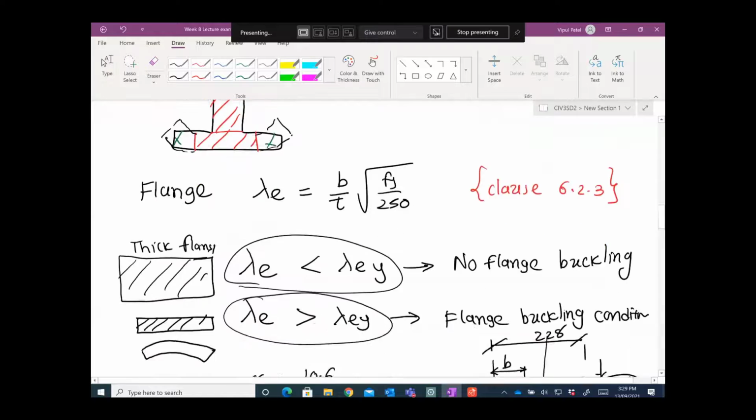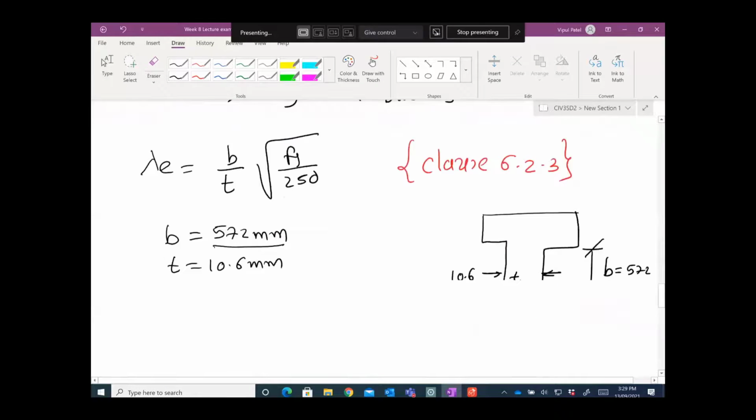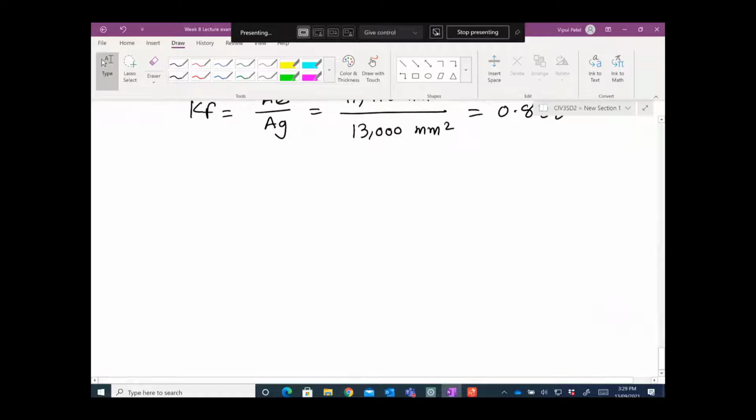Now once you calculate the form factor, KF, we can calculate the section capacity. The section capacity is represented by NS equals KF times AN times FY. KF is 0.888. Look, this is always the gross area.